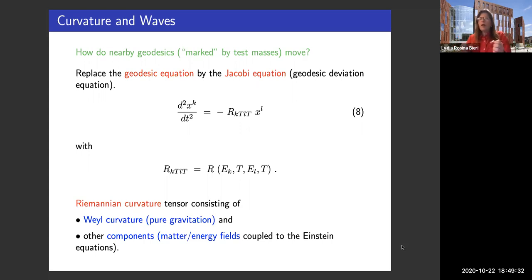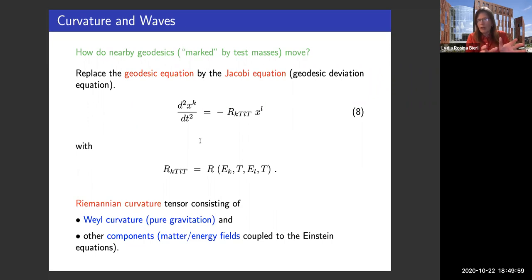Now, when we are close by on Earth, I can take the geodesic equation and replace it by the so-called Jacobi equation. You may have seen that under the name geodesic deviation equation. On the left-hand side, there is a spatial difference I would like to look at. There are two derivatives of the spatial coordinates, so there's a delta x sitting in there.